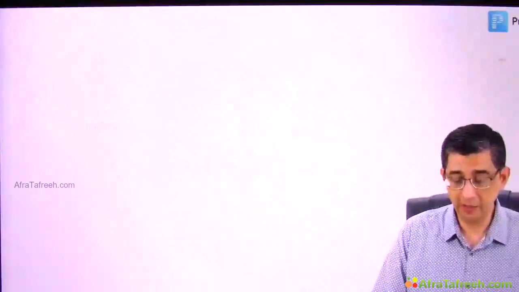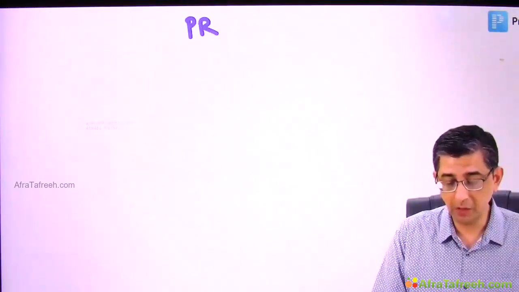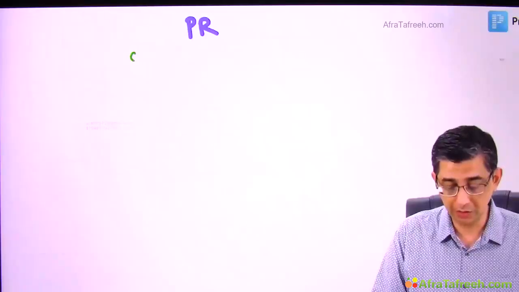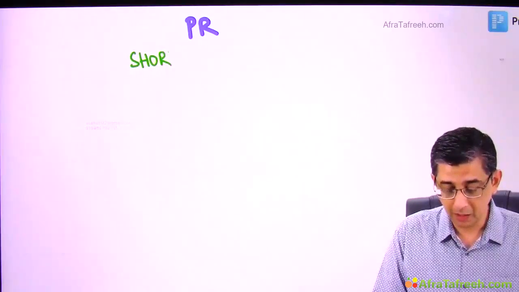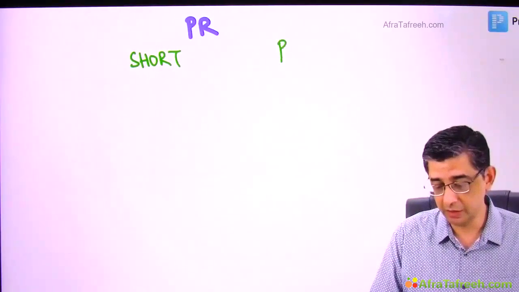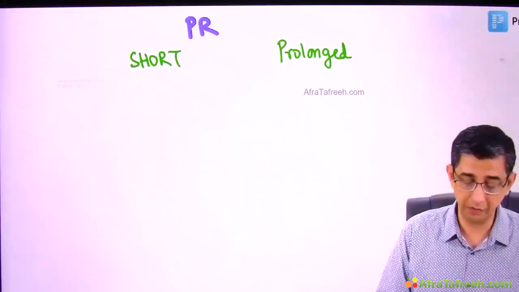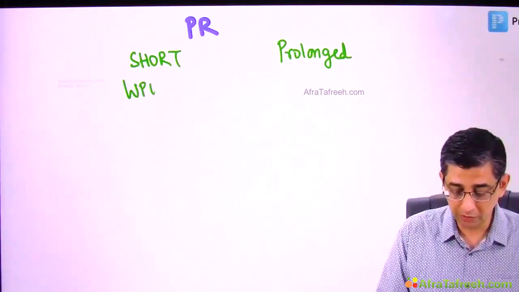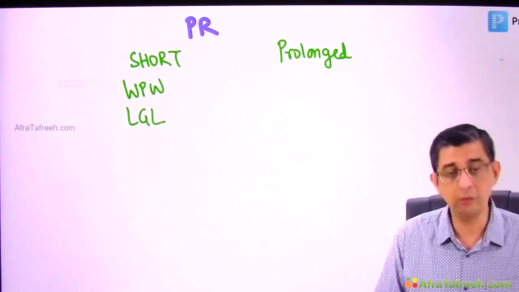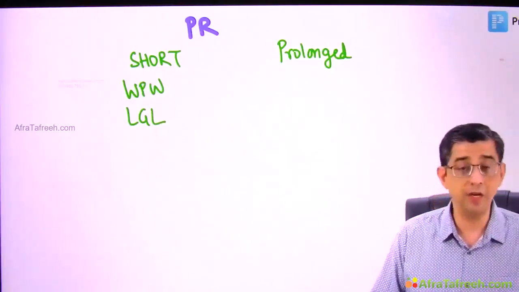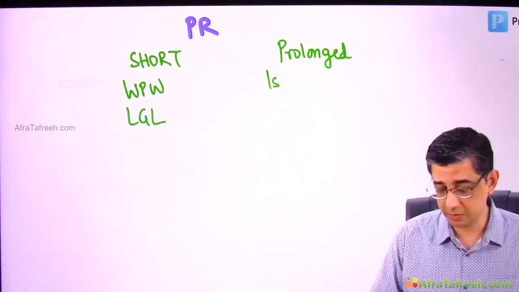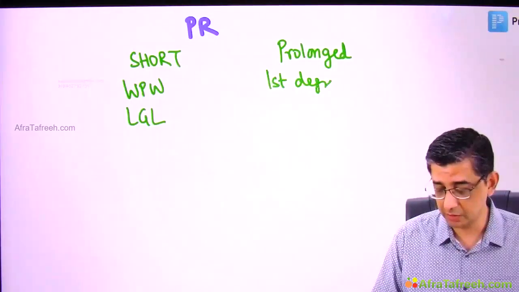Now, I have deliberately spent relatively more time on the PR interval. Why? Because questions can usually be asked on this topic. I have also subdivided the discussion into conditions having short PR interval and prolonged PR interval. So, a quick revision for you. Short was discussed with respect to Wolff-Parkinson-White syndrome and Lown-Ganong-Levine syndrome. Whereas when it comes to prolonged, the first situation I described was first degree heart block.